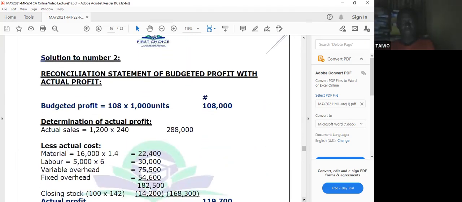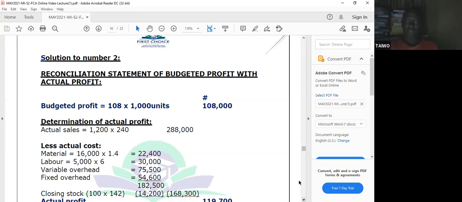The reconciliation statement of budgeted profit with actual profit. Now, how do you reconcile? At the initial stage, we had in mind the profit we are going to make. And you realize at the end of the day, the profit you actually made will be different from the profit I envisaged to make. I hope I get what I'm saying.